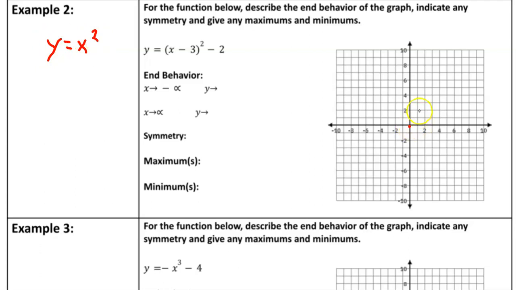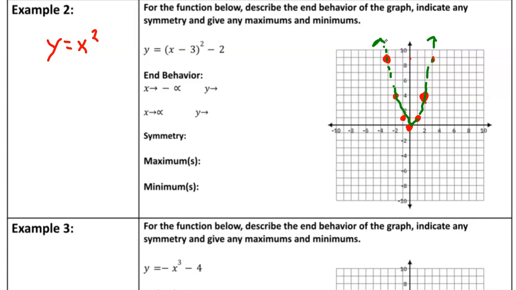So 0, 0, 1. 1 squared is 1, 2 squared is 4, 3 squared is 9. Draw my graph. My parent function.